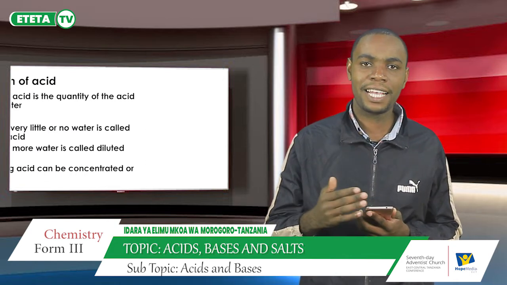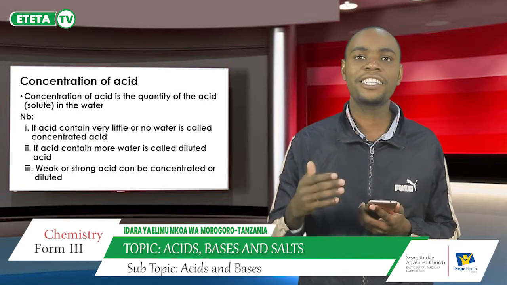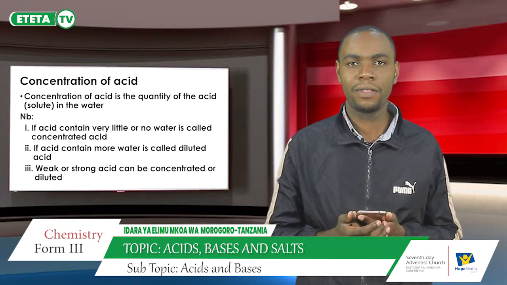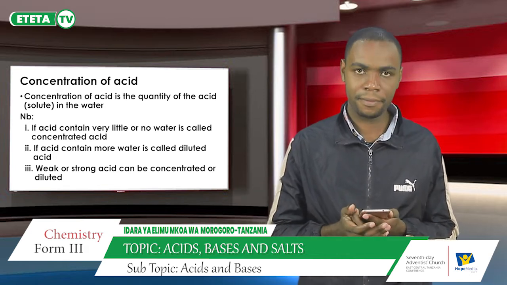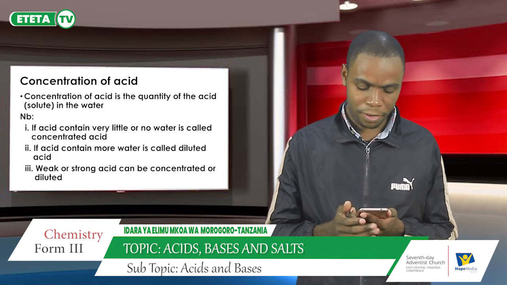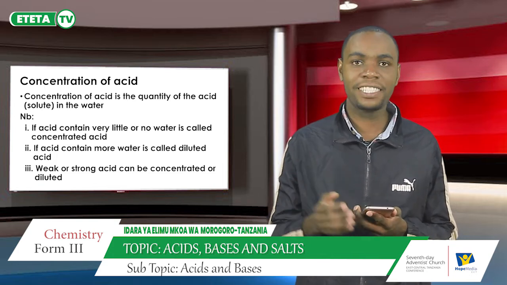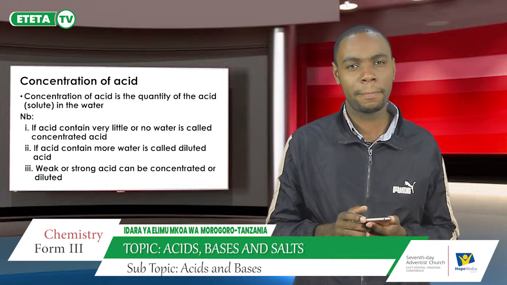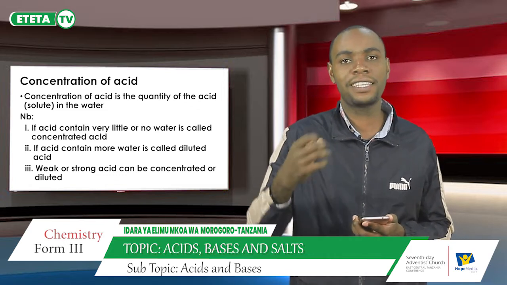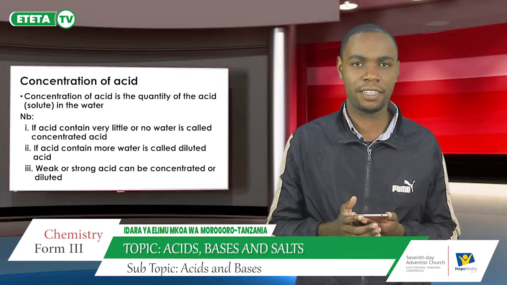Now, we are going to discuss another part, which is called the concentration of acid. The concentration of acid is the quantity or amount of a substance in water. That's the definition of concentration.